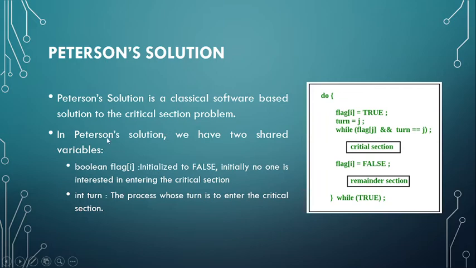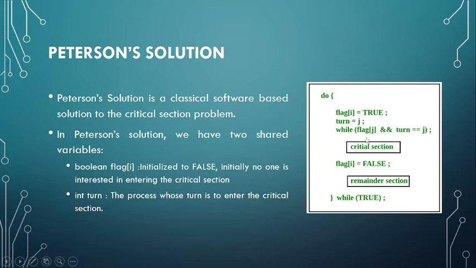The flag is set to true by the process which is accessing the critical section. Initially it is false. If it is accessing the critical section, then the process changes the flag to true, which is 1, so other processes cannot enter the critical section.